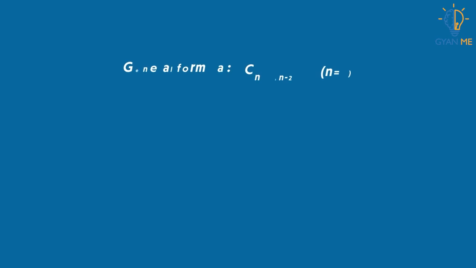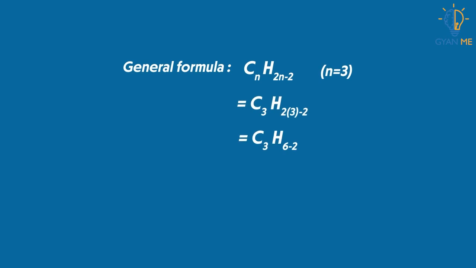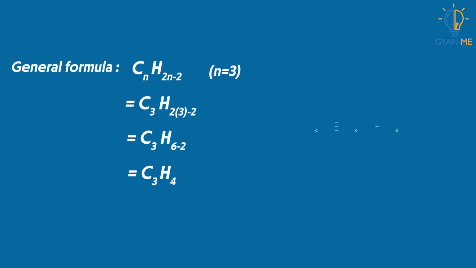Now let's put n equal to 3 in the general formula. This compound has 3 carbon atoms, so n equals 3. Putting this in the equation, the number of hydrogen atoms will be 2 times 3 minus 2, that is 6 minus 2, 4.